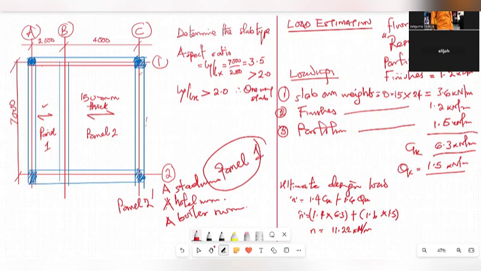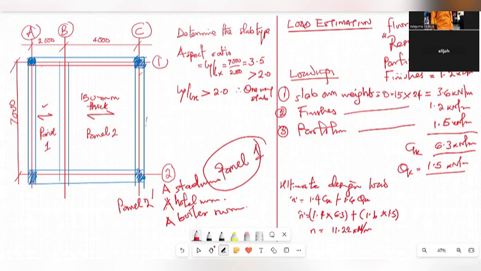The thickness is still 150? Now this is what I want you to do. I want to use 200 for stadium, 150 for hotel room and 175 for boiler room.